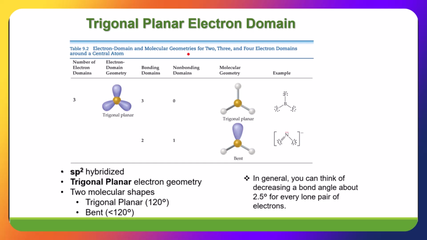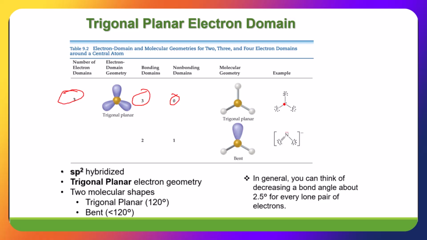Trigonal planar electron domain. Here we go. 3 electron domains, and in this case, they're all bonding domains. So it's trigonal planar. 3 bonding domains, no non-bonding electrons or no non-bonding domains. So automatically that means you've got a molecular geometry that is the same as the electron geometry, trigonal planar, like boron trifluoride here. 1, 2, 3.